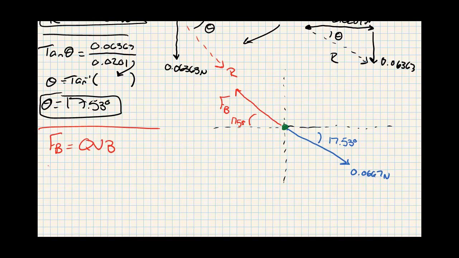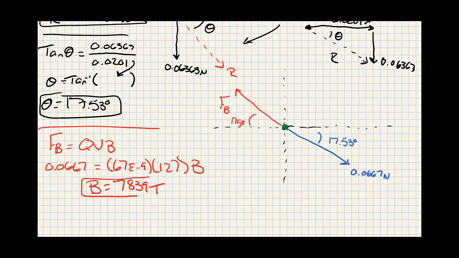We know that it has to equal 0.0667, and that has to equal our charge, which is 67 e to the negative 9, times our velocity of 127, times our mystery B. So when you solve it out, our magnetic field needs to be a strength of 7.839 teslas. So thus we have gotten the magnitude of our magnetic field.